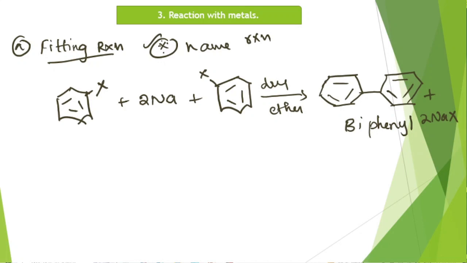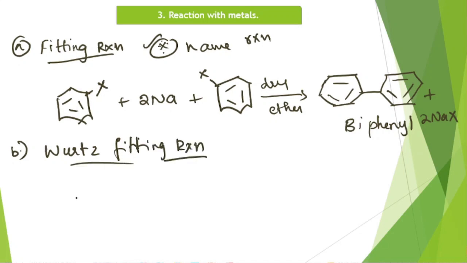B is going to be the Wurtz-Fittig reaction. So what is all about the Wurtz-Fittig reaction? Similarly, you will be having the benzene ring with X atom attached. X can be chlorine, bromine or iodine, with 2Na and CH3X in the presence of dry ether.